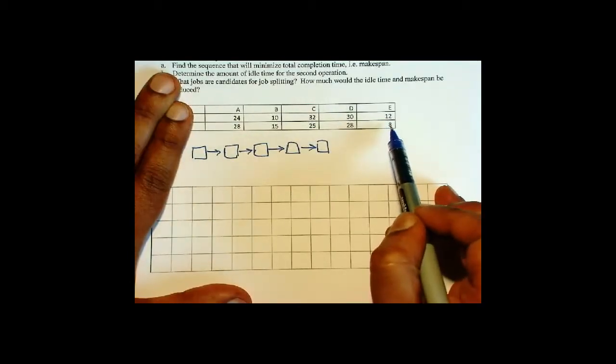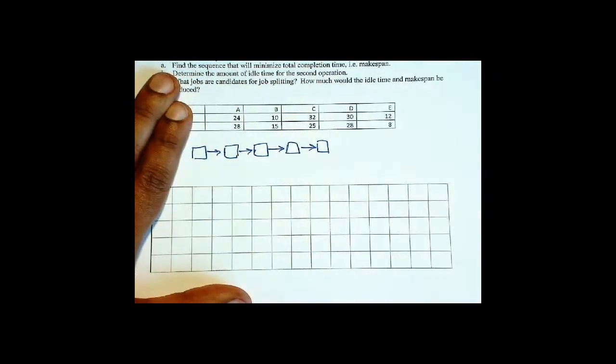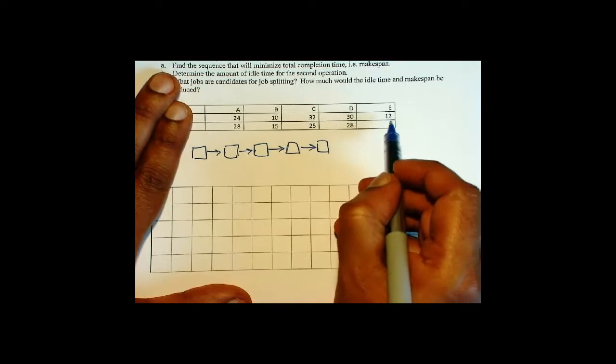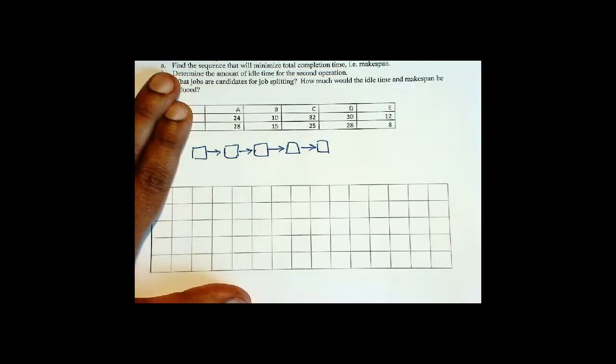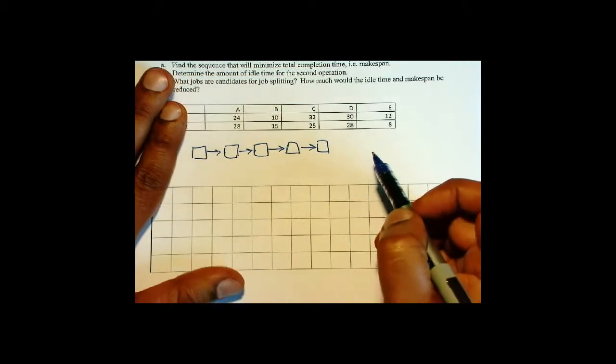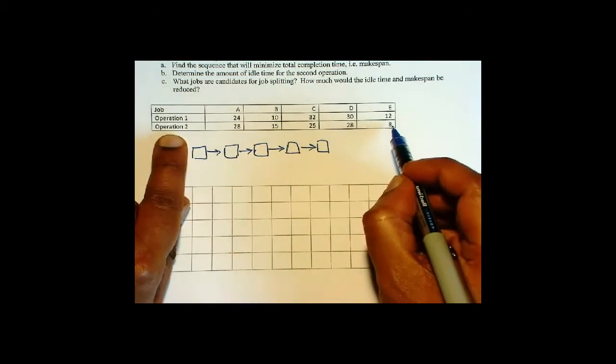The smallest happens to be 8. So you select E, because E has the smallest processing time among both the operations and all the jobs.